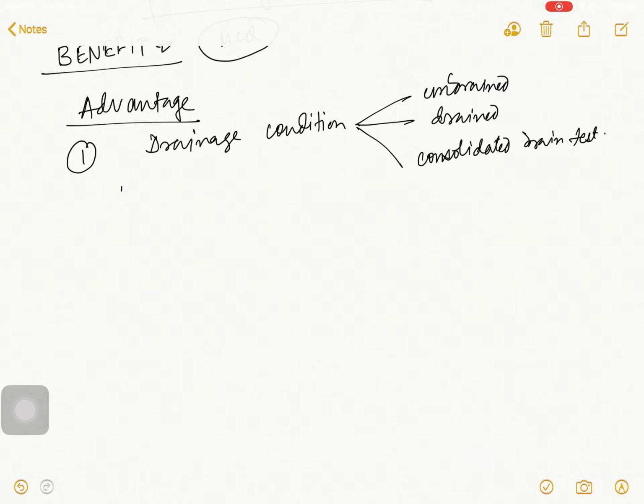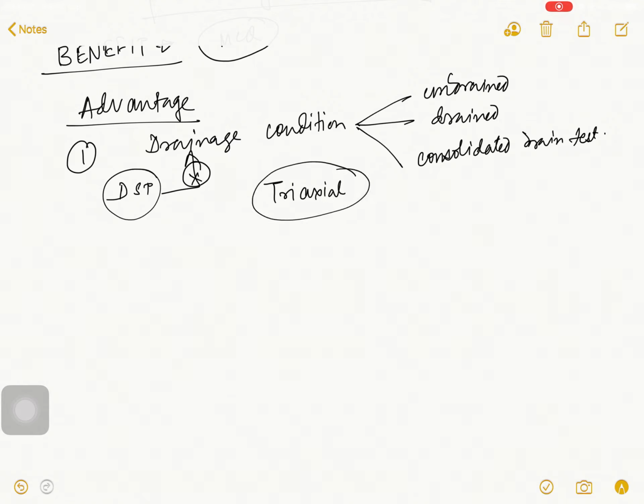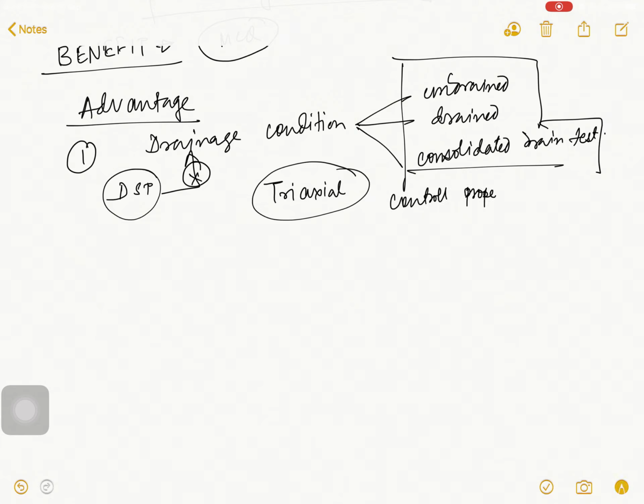In direct shear test, you cannot apply all these 3 conditions, but in triaxial test, you can apply all 3 conditions properly, as well as control them properly.